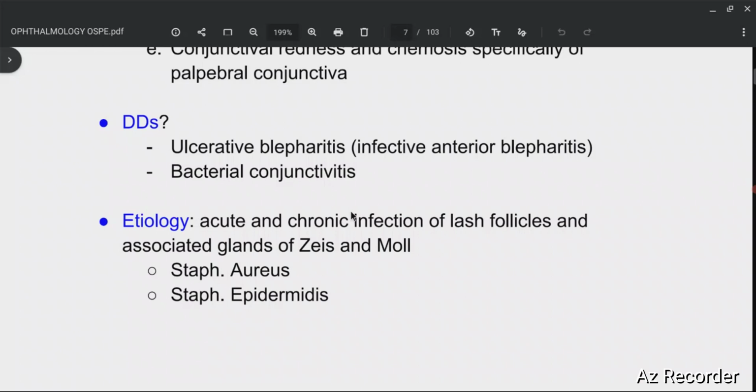It is acute and chronic infection of lash follicles and associated glands of Zeis and Moll. So how to differentiate this from a stye? Stye is also acute. Stye is actually an acute infection of lash follicles and associated glands of Zeis and Moll. But a stye is affecting only one or two of the lash follicles.